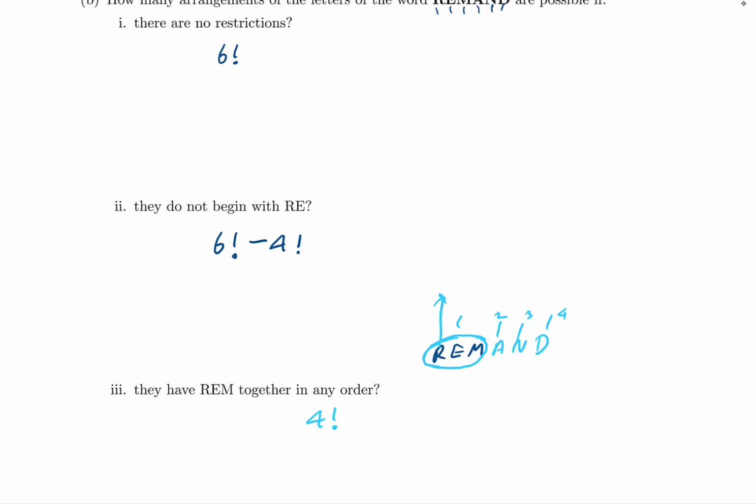How many letters? 3. Therefore, we have 3 factorial different ways. So you can use the multiplication rule again: 4 factorial times 3 factorial. That is the total number of different ways we can arrange this with this condition, REM together in any order.